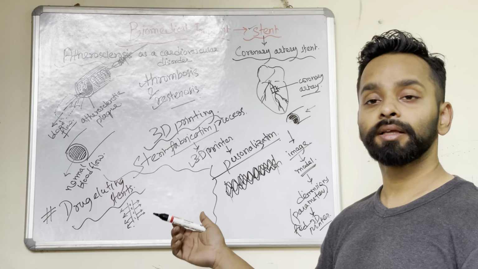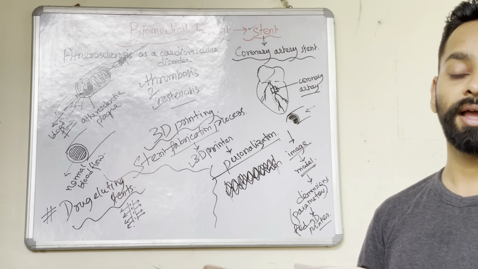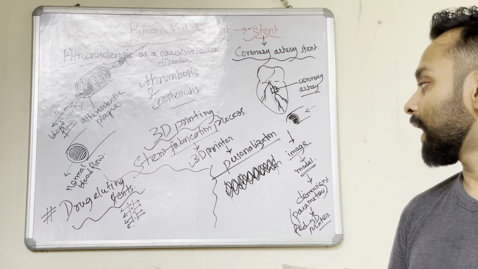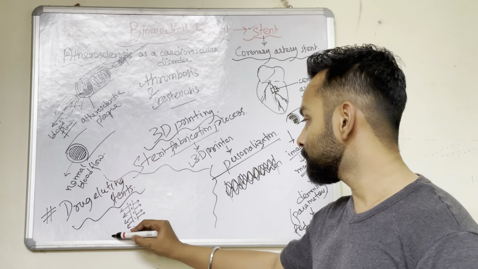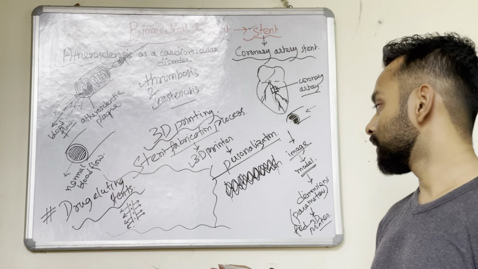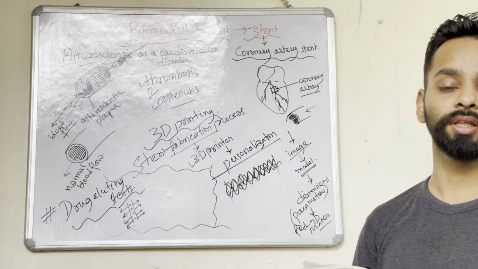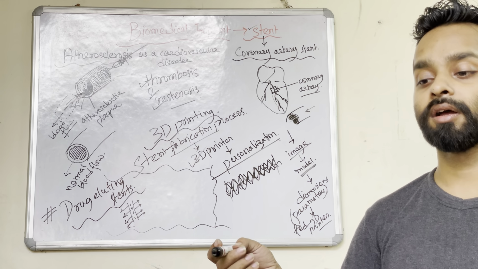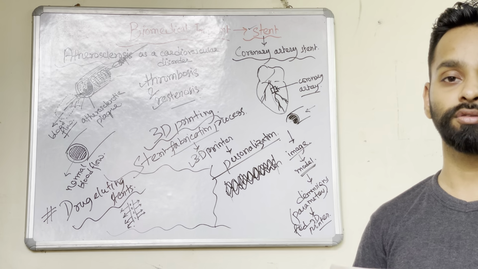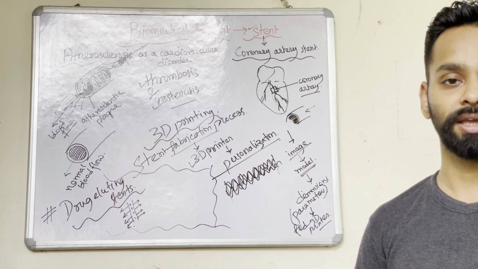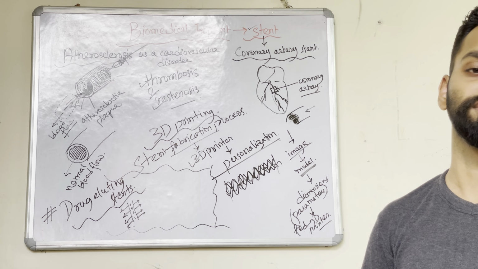So this promises to be an effective cure for atherosclerotic artery disease, and a lot of research is being performed in this domain. This promises to improve the cardiovascular health of individuals and also the longevity of patients who have undergone such stenting procedures.